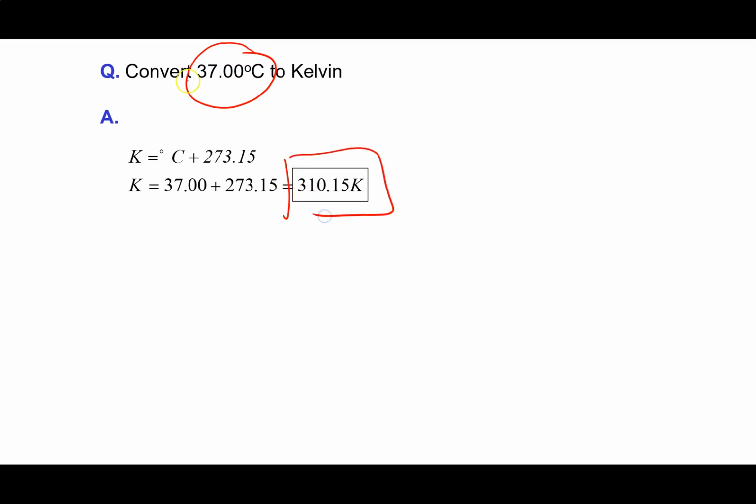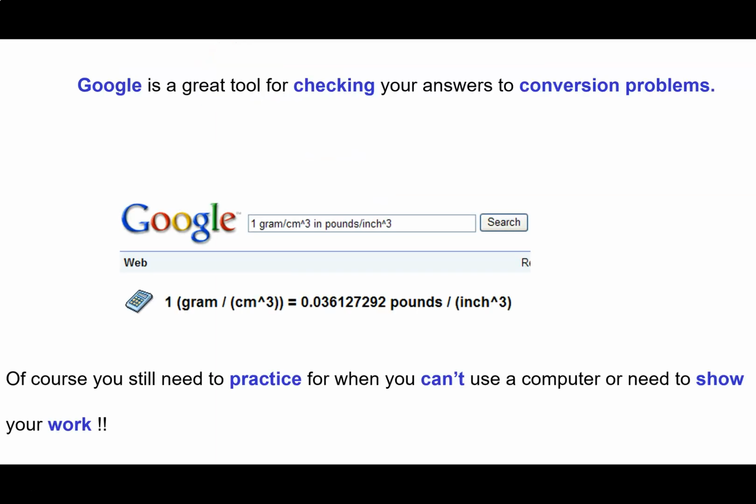So this is probably the most common type of conversion that you'll do, converting from Celsius, which is what we like to measure stuff in, into Kelvin in preparation for doing some calculations, because we normally do our calculations using Kelvin units.